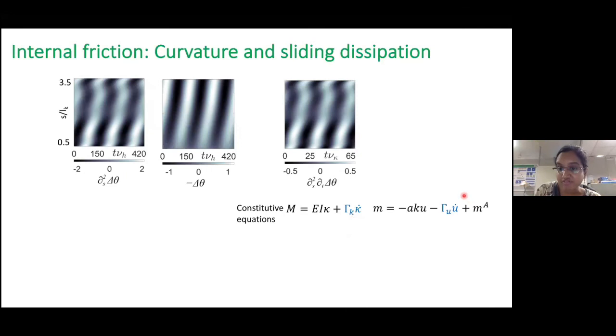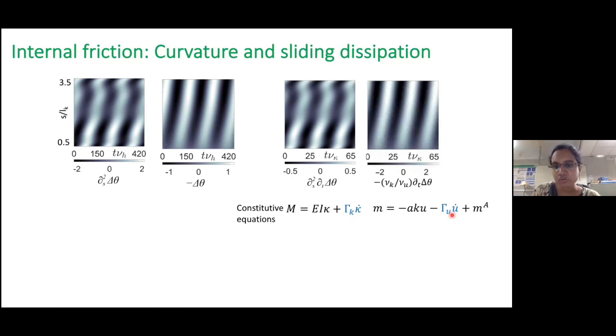Similarly, I will have a shear friction coefficient whose estimate we have done from back-of-the-envelope calculations, but whose magnitude also matches with the motor filament friction that I had shown you in the first part of my talk. And what you now see is that these additional friction terms are in good competition with the elastic stresses. So at least now the description is self-consistent.